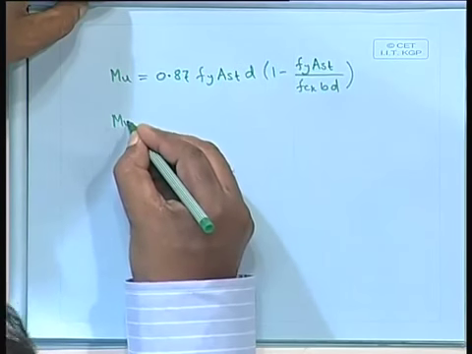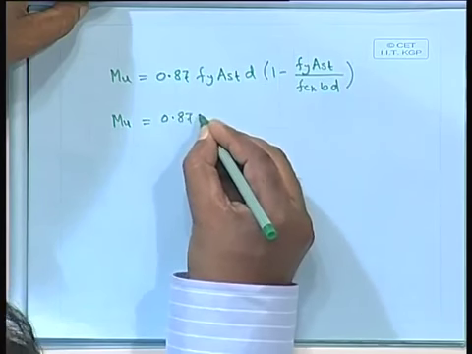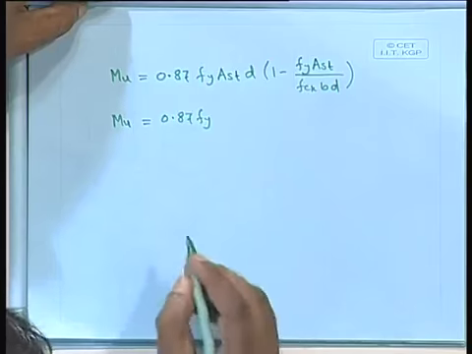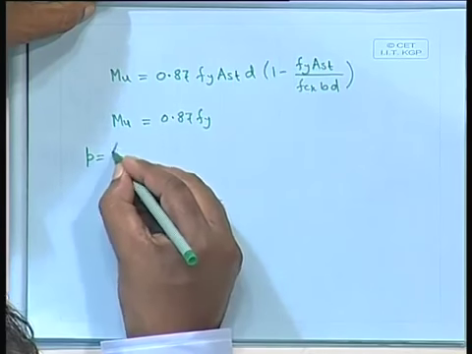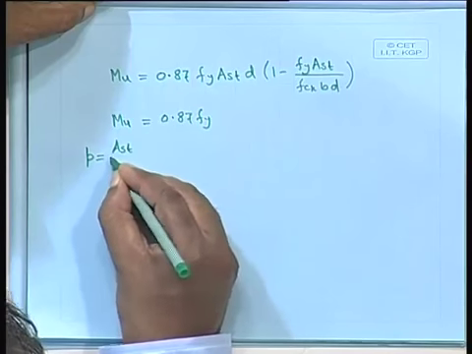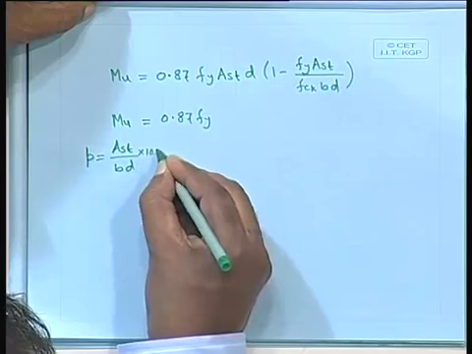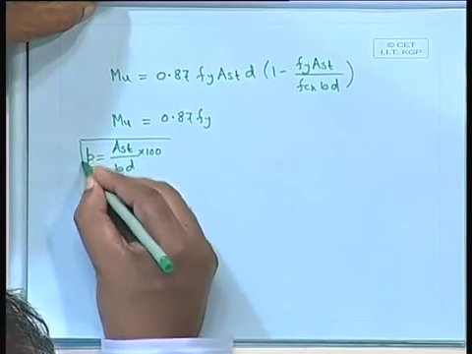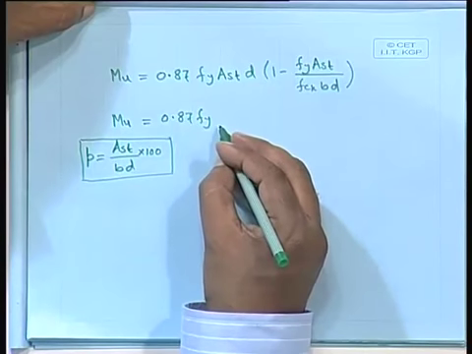Mu equal to 0.87 fy, p, that percentage of steel, I can write as Ast by bd into 100. This is our percentage of steel. So we can write Mu equal to 0.87 fy.